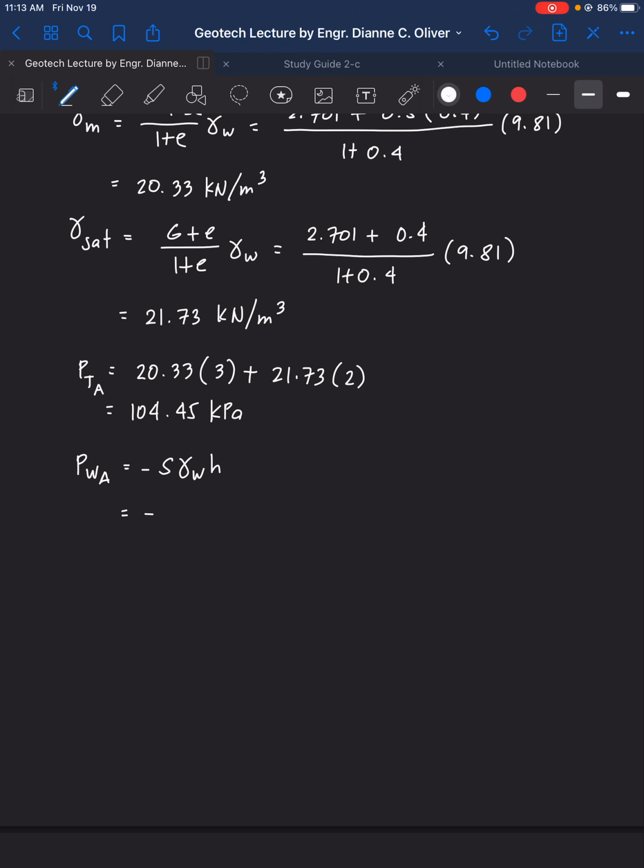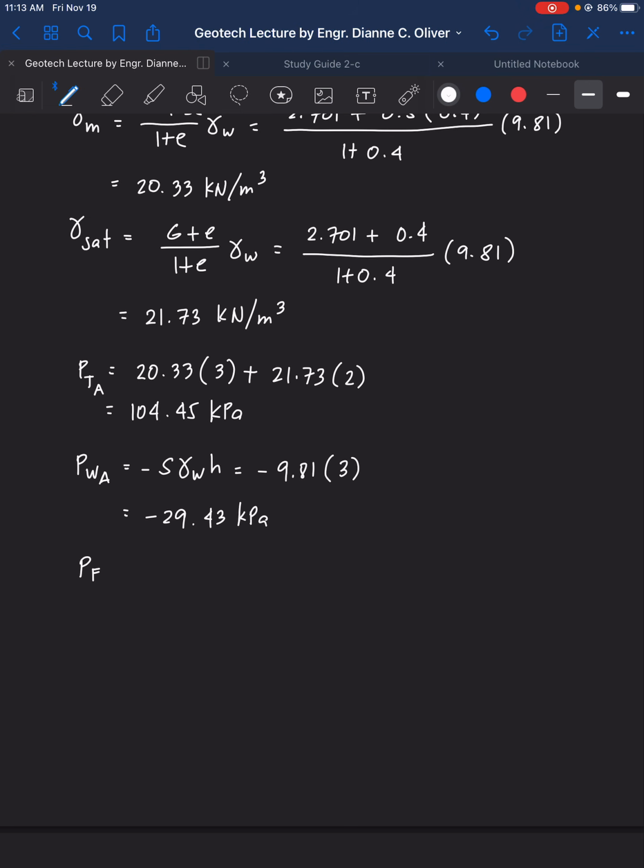So negative 9.81 times the H, how much is the H there? 3. So P water at point A is equal to negative 29.43 kilopascal.